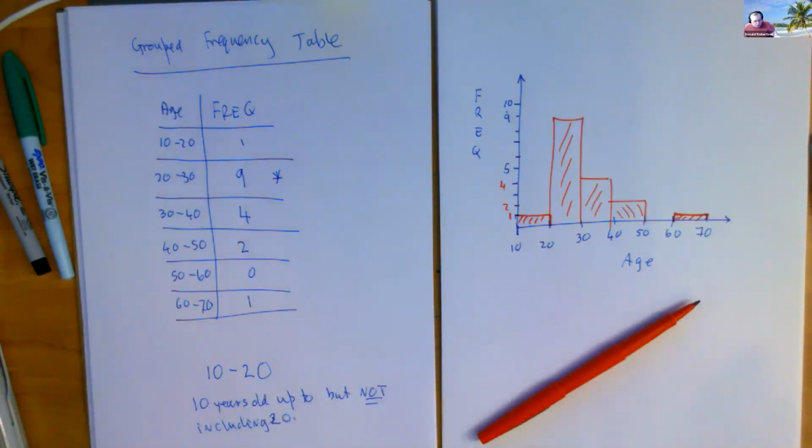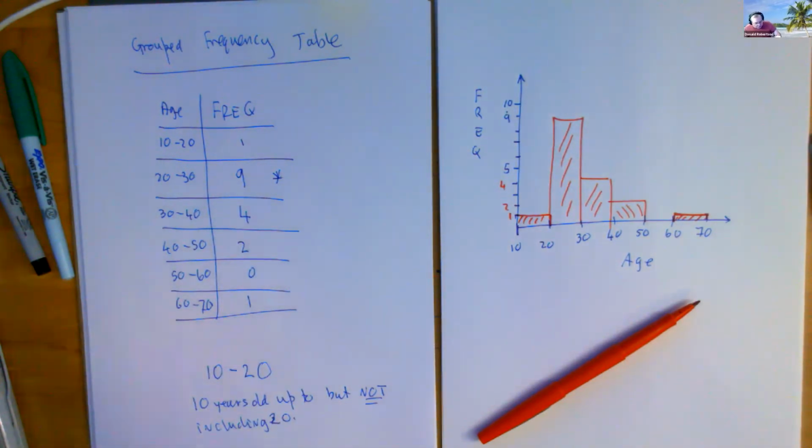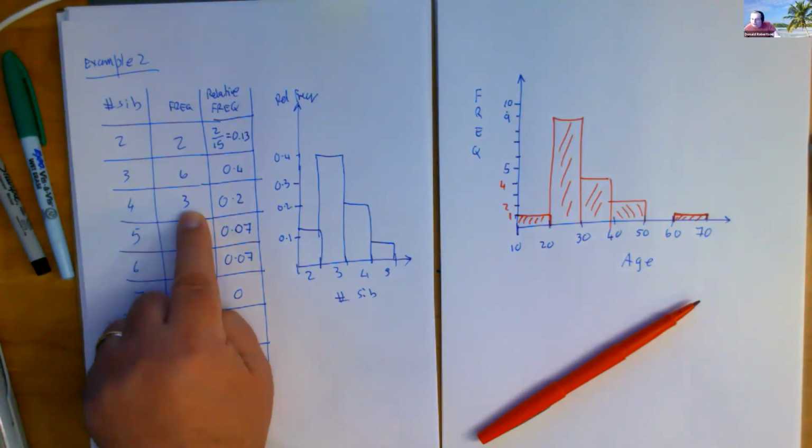I don't know the makeup of that. It could be 8 of you are 21 and 1 of you is 29, right? Or any other permutation under the sun. So you do lose a little bit of information. You can't help it. On the other hand, when you do individual counts, you keep pretty much all the information. You don't lose anything.